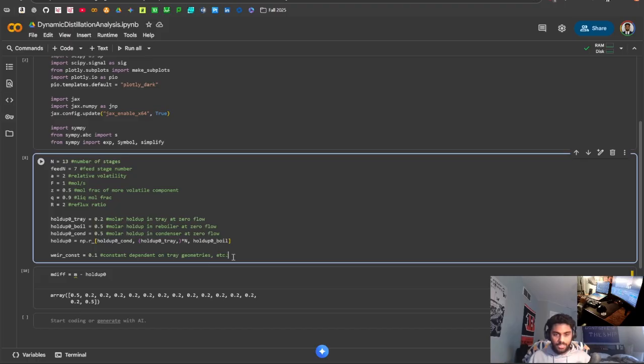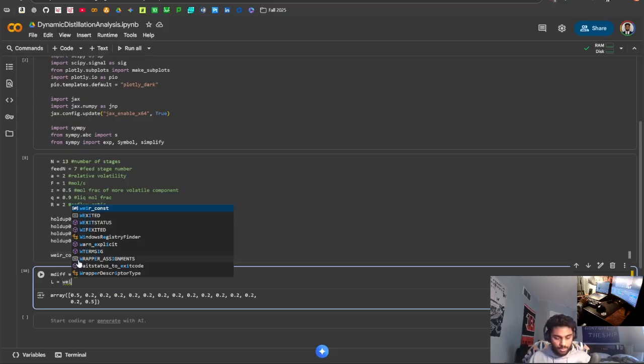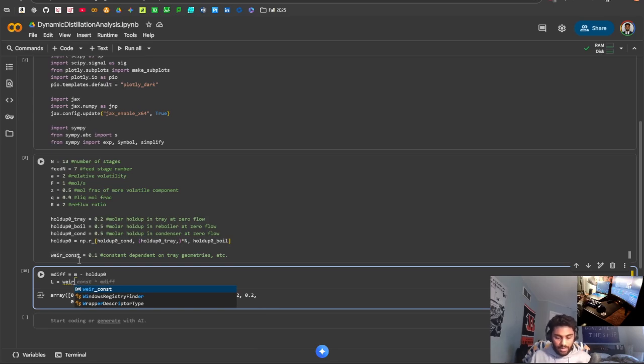And there's a whole bunch of other things that go into that, but we're not going to get into that right now. So we have some sort of weir constant. So our liquid flow rate is going to be dependent on this weir constant times our mdiff to the 1.5 power.